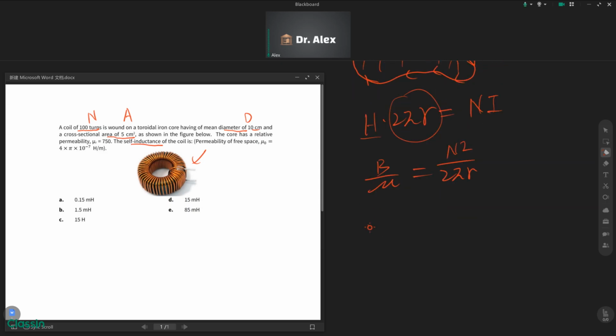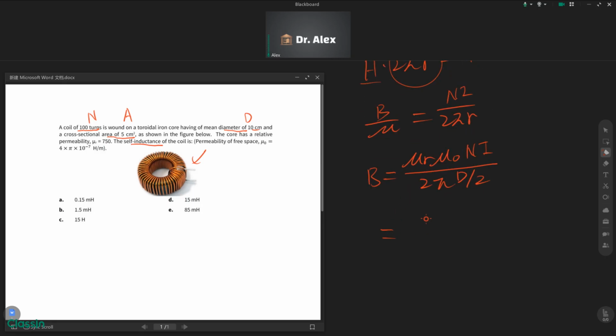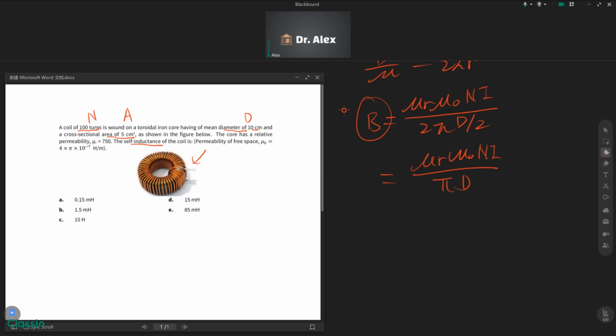So B equals mu r times mu 0 Ni divided by 2 pi times d divided by 2, half of the diameter. Okay, we can write it simpler like this. We get the expression of magnetic flux density, so we get phi, which is B times A, which is mu r mu 0 Ni A divided by pi d.